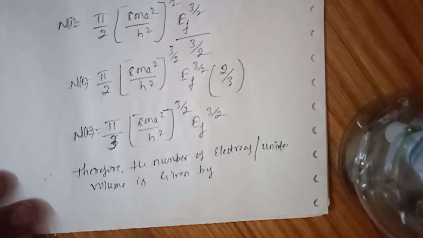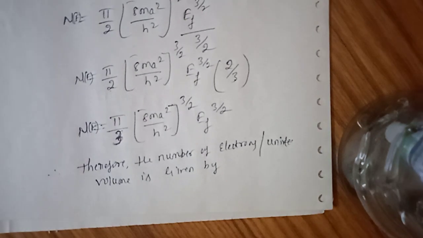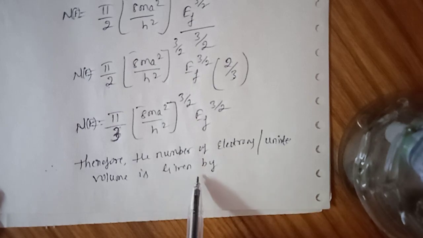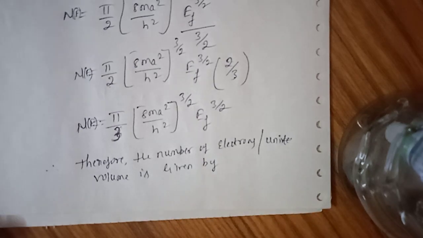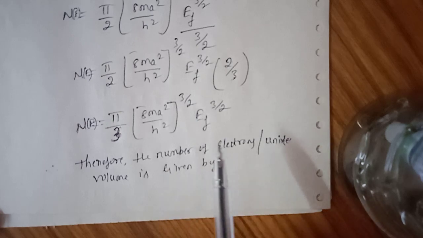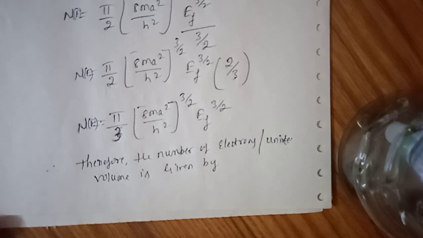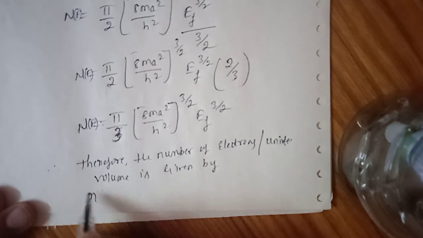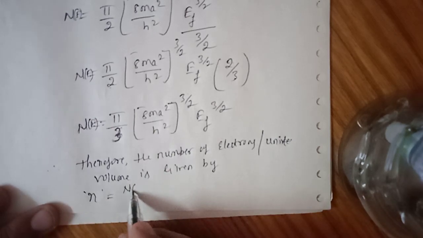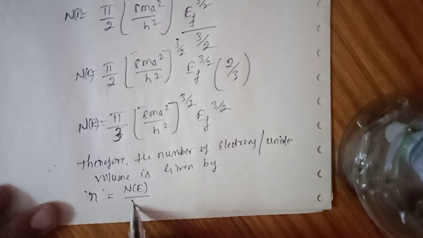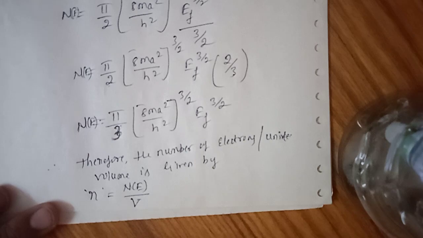So we want to calculate the density of electrons, of course. That is the number of electrons per unit volume of the system. So whatever electrons are occupied, up to the higher energy level, we have to calculate the density. So n, this is the density of electrons, which is equal to the number of occupied states, n of E, divided by the total volume of the system, V.